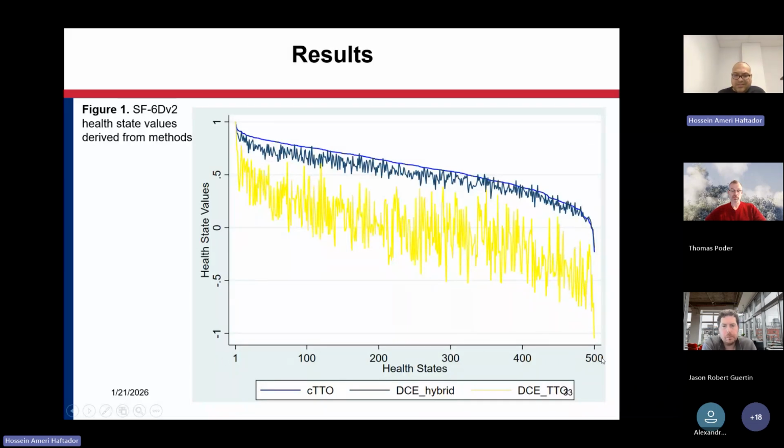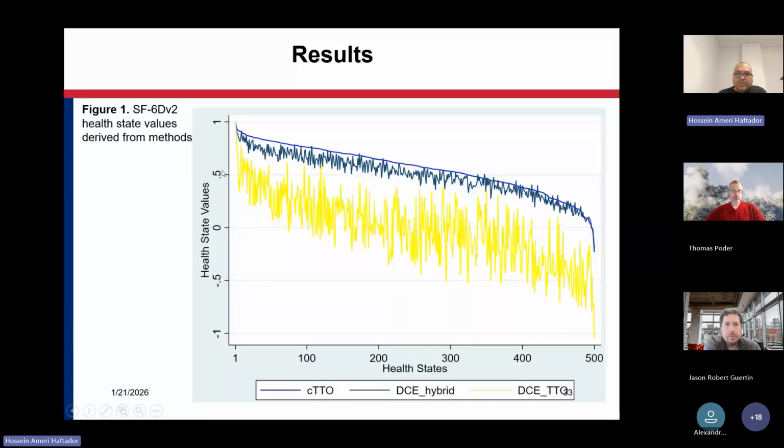Here is the health state value. DCE TTO underestimates. DCE hybrid is very close to TTO. TTO is the gold standard here. DCE hybrid is very close for poor health.